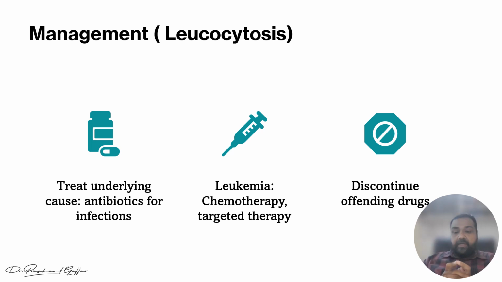We have to give them cautiously. Second, if there is a leukemia, we can give the chemotherapy or the targeted therapy by the oncologist. And if we find some drug is responsible for the leukocytosis, we have to discontinue that specific drug.